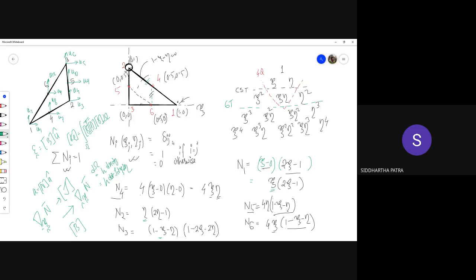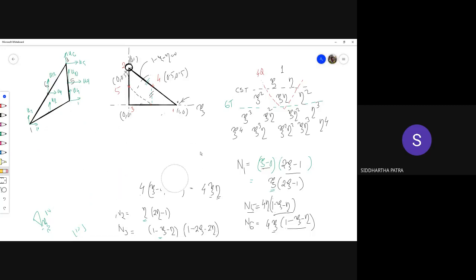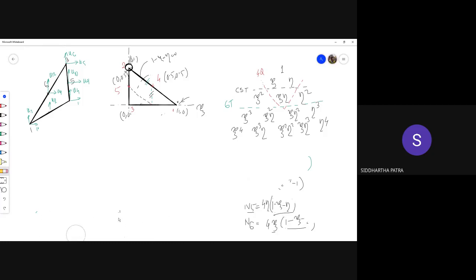So we are mostly done with what we wanted to discuss with the six-noded triangle element. What we should be doing now is deleting this part. I would have been happier if I could simply clear the screen, but I cannot, because I need the Pascal's triangle for further discussion.